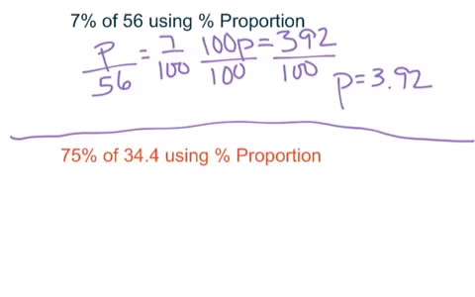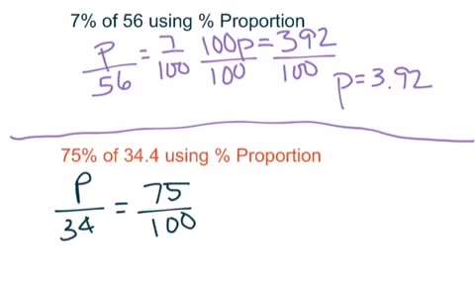Let's do 75% of 34.4. So let's do 75 over 100 equals P, or part, over 34.4. We're going to cross multiply there. It's going to be 100P equals 34.4 times 75.